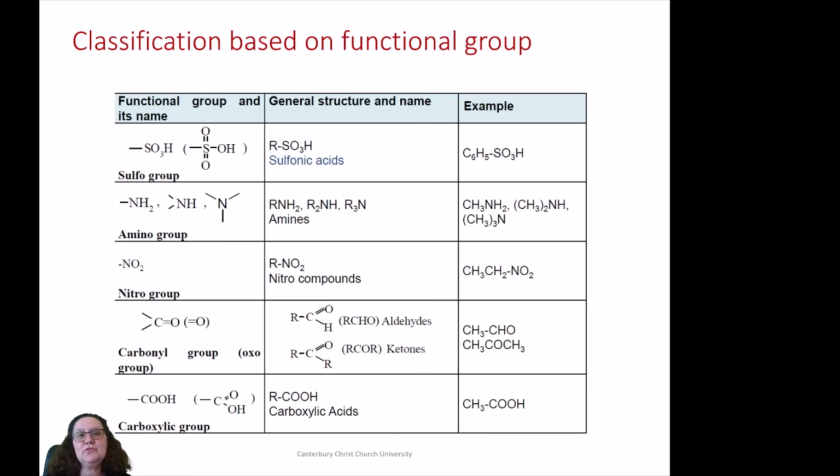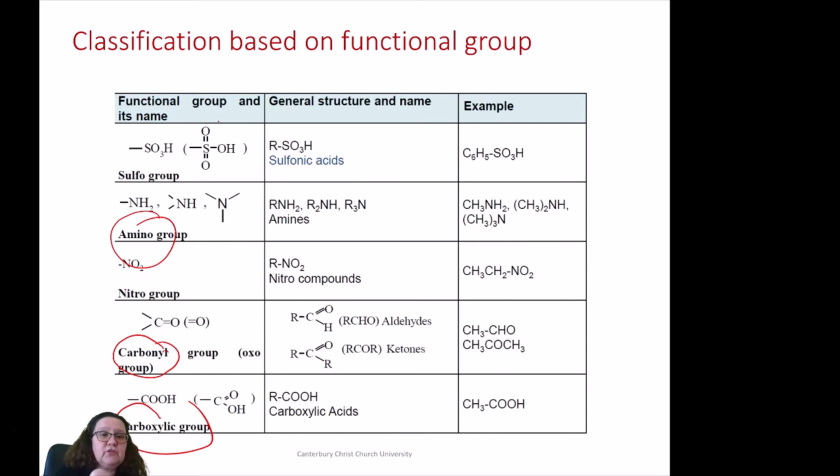More examples of how you can classify an organic compound with respect to its main functional group. Some of them hopefully sound familiar to you. You've got here the amino group and the amines, or the carbonyl group that gives you aldehydes and ketones, or the carboxylic acid group that gives you carboxylic acids. And you also have other groups that maybe are less familiar to you.